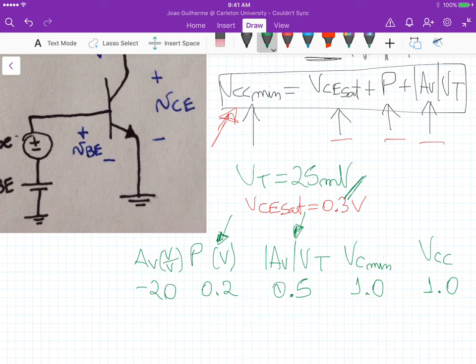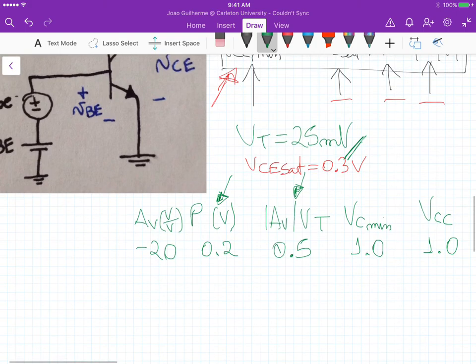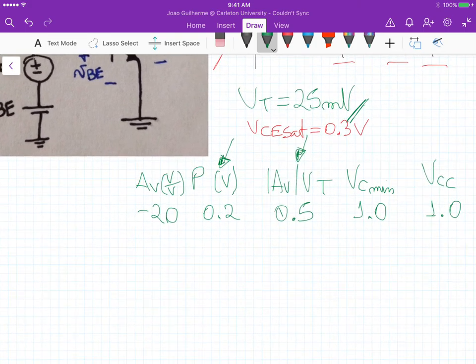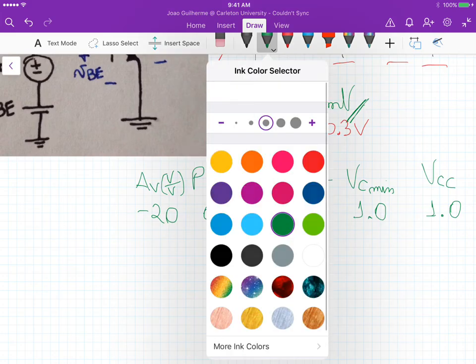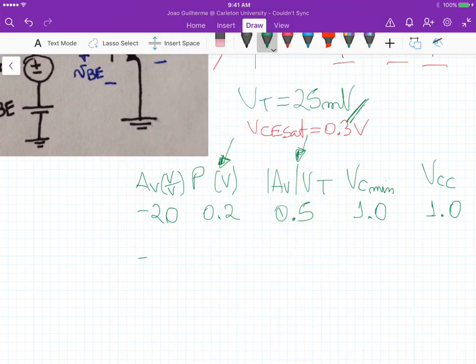Now, we have several combinations of voltage gains, so I will just show you one more, and the other ones you can calculate yourself by applying the same rules. Let me pick one where the voltage gain is minus 200, and the peak voltage that we want to represent at the output is 1 volt.